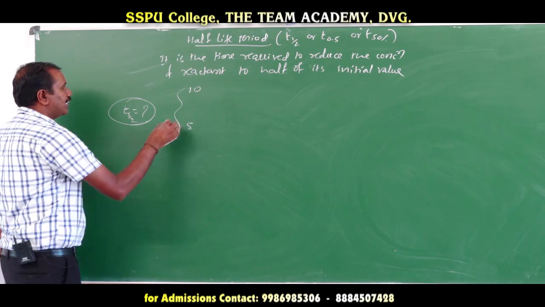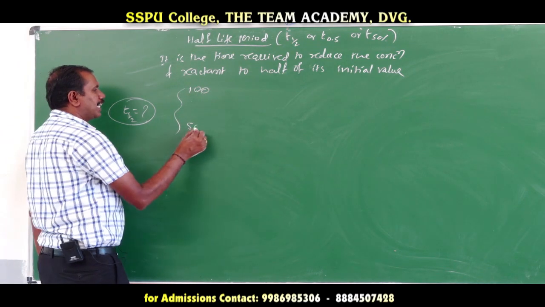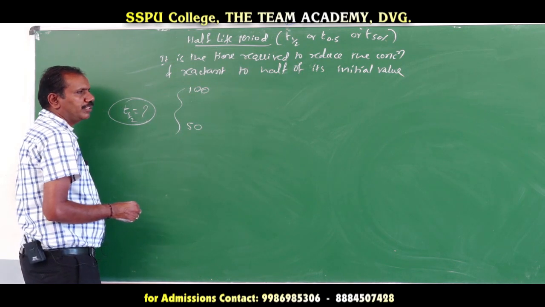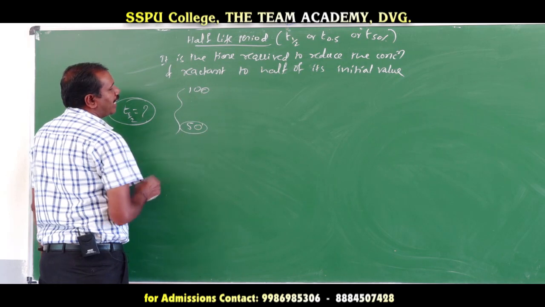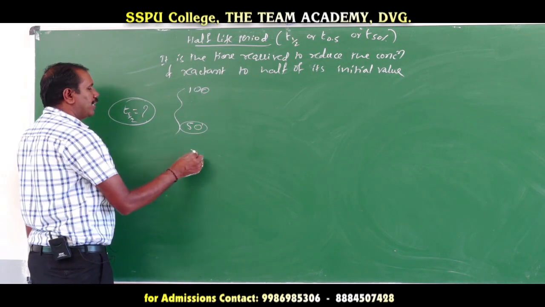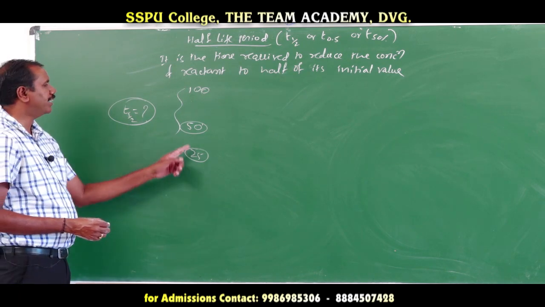Or if there are about 100 moles of reactant that can be reduced to 50 moles, what is the time required? Or if 50 moles of reactant is there initially, and it is reduced to half of its value, that is 25, then what is the time required?